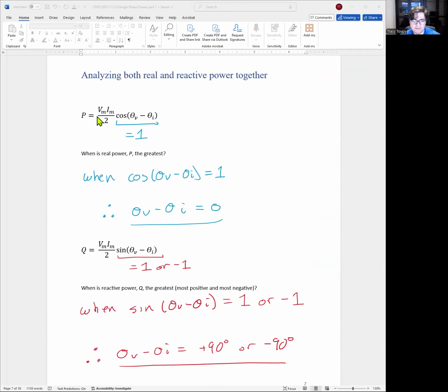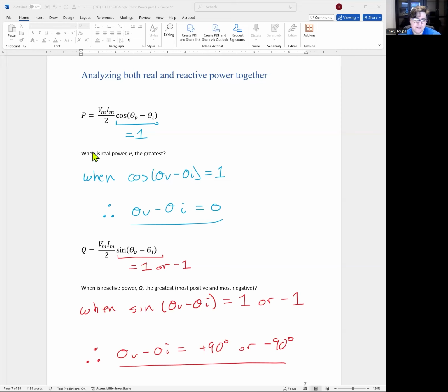So P equals Vm Im divided by 2 cosine of theta V minus theta I. We have reactive power Q, which is Vm Im divided by 2 sine of theta V minus theta I. Conveniently, the only difference between these two is a sine and a cosine. That's why it's a little bit easier to remember. So all you have to remember is Vm Im divided by 2 and a trig function. Cosine for power, sine for reactive power. So cosine for average real power, sine for reactive power.